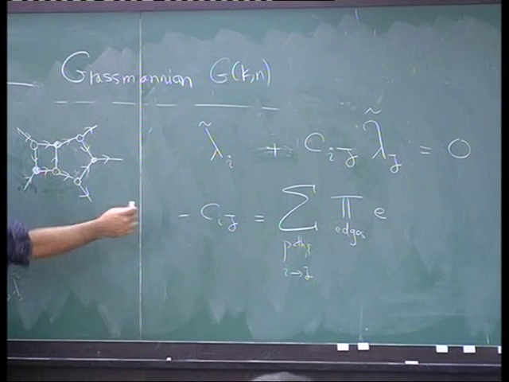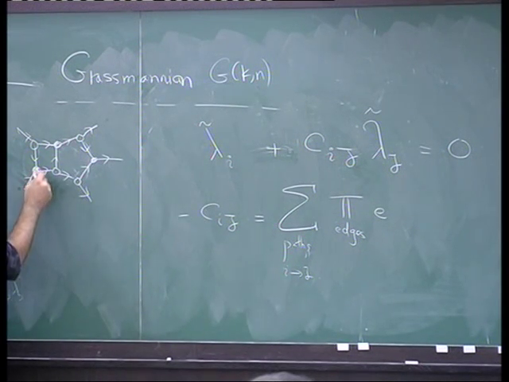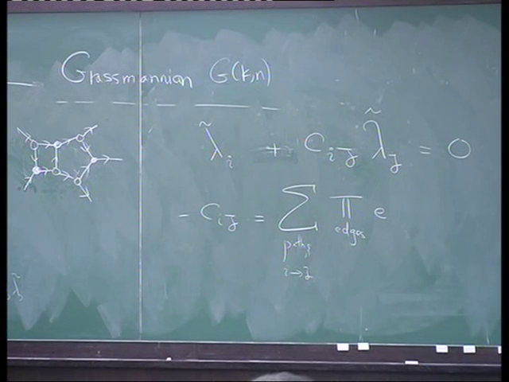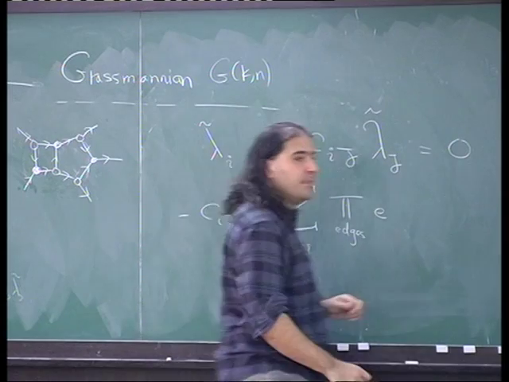And so the only things that show up here are actually the fluxes around the faces. So that's the most invariant description. I can give a perfect orientation, I can put these edge variables on there, but only the gauge invariant combinations show up. The gauge invariant combinations are exactly the ones that are the product around the faces.